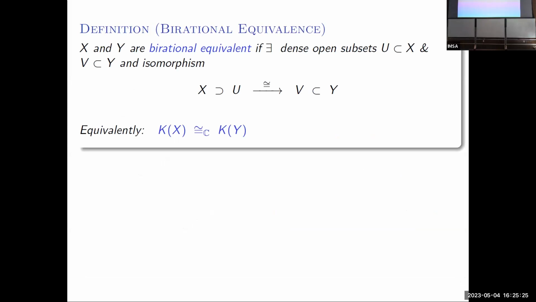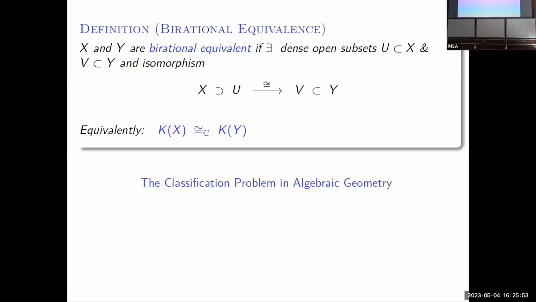Algebraically, this condition is equivalent to saying that the fields of meromorphic functions on X and on Y are isomorphic. So this is the algebraic interpretation of this birational equivalence notion. And now this is the notion that we want to use to try to classify projective varieties.